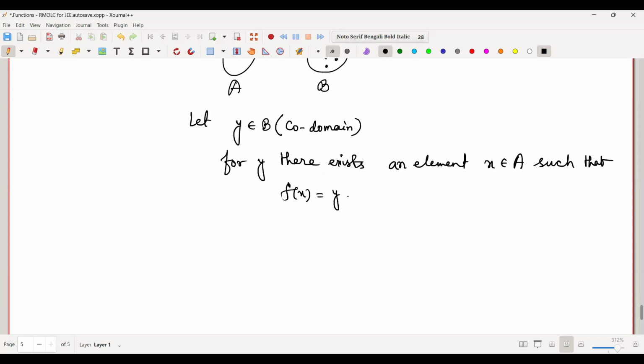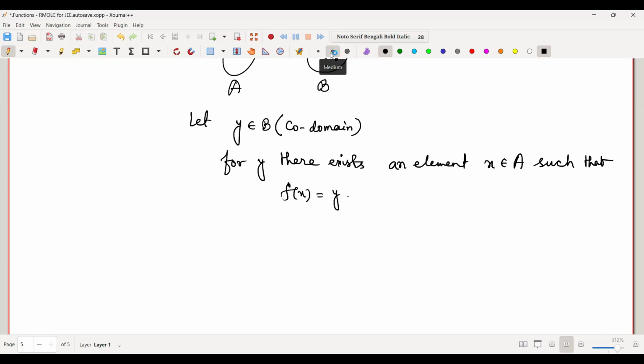Now when we learn inverse function, I have checked the syllabus of 2025 and 2026 for this examination. There is no mention about the inverse function, only one-one and onto function. But we will learn these things because these are very important for JEE perspective.